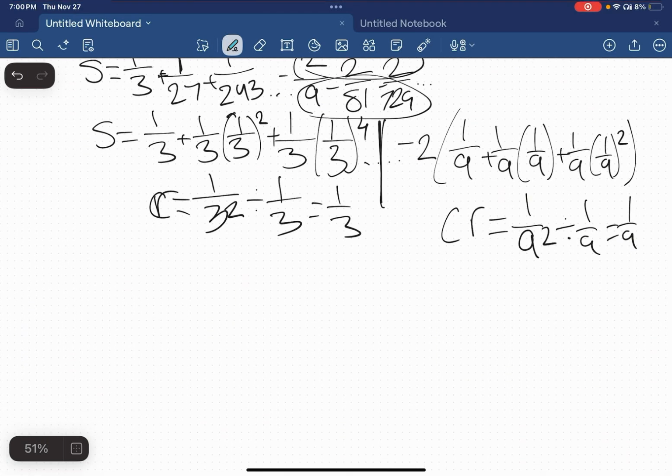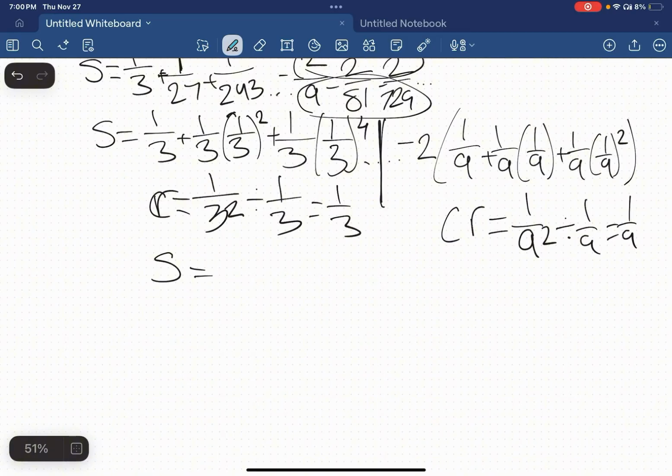So then, using the formula in our book, we know that the sum of an infinite converging series is going to be u1 divided by 1 minus r. So our u1 in the first case is 1 divided by 3, and our r is, oh, sorry, I messed up here.